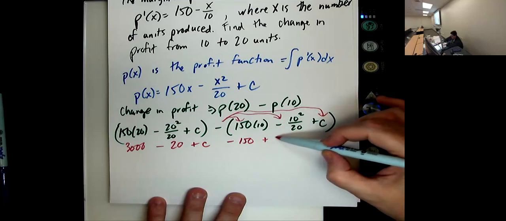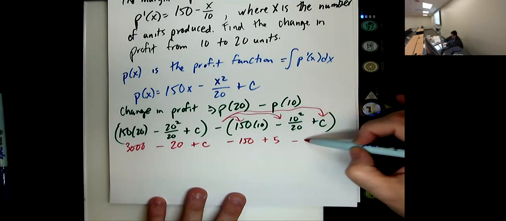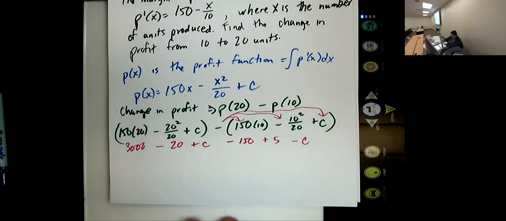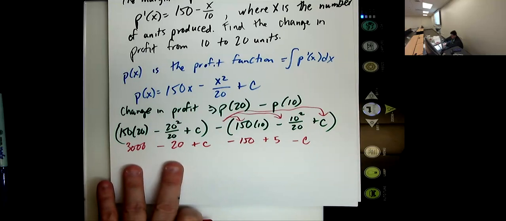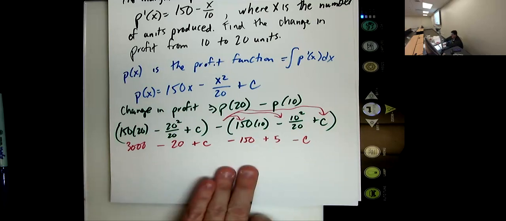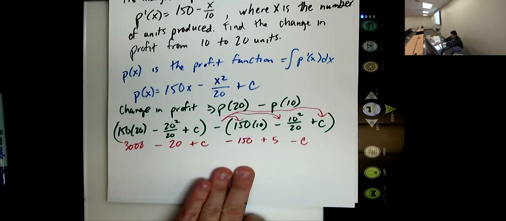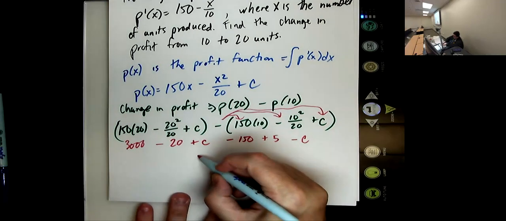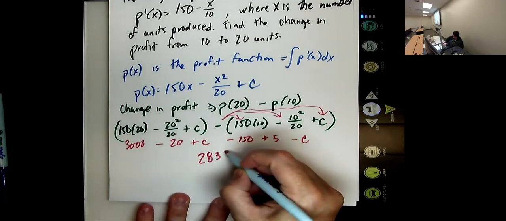That'll be plus 5 minus C. So 3,000 minus 20 is 2980 minus 150, 2830 plus 5 would be 2835.